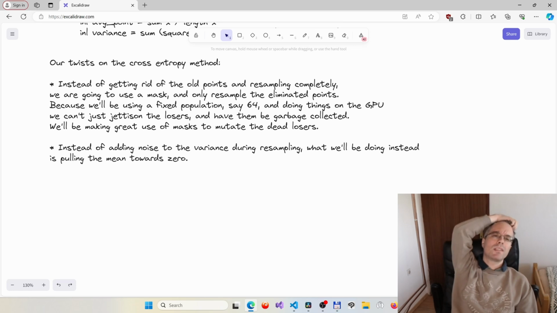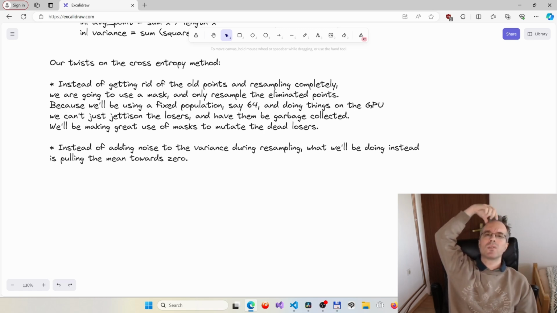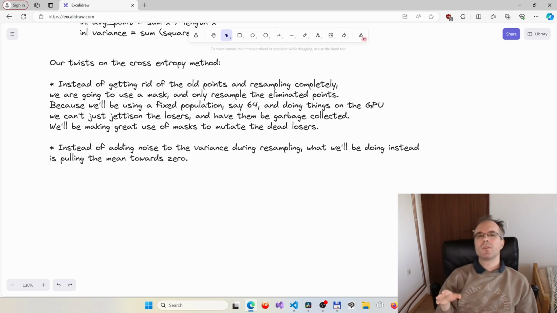We could also do that as well, but I think one thing that would be better is to try pulling all the weights towards 0. This is something that we'll be able to do because we are keeping the old winners around, which the original cross entropy method wasn't doing.